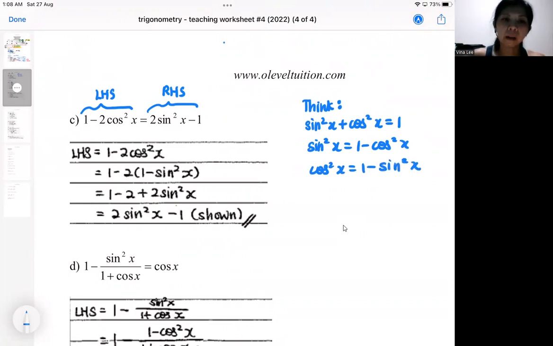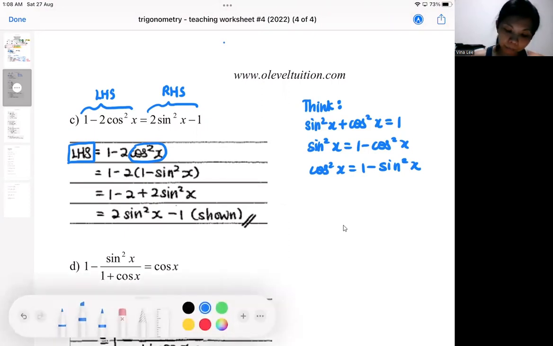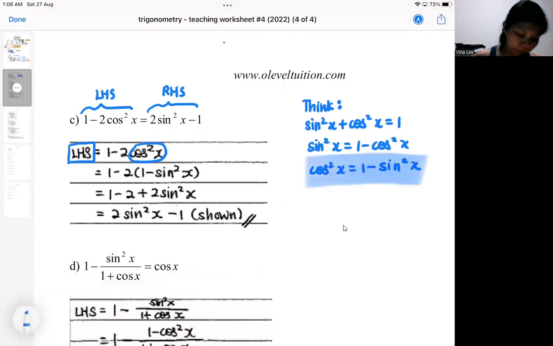For example, now I choose to start from the left-hand side. I should think about getting rid of this so that I can get my right-hand side. How do I get rid of it? I'm going to use this formula, so I replace with this formula. Then I expand out the bracket and eventually get to the other side.